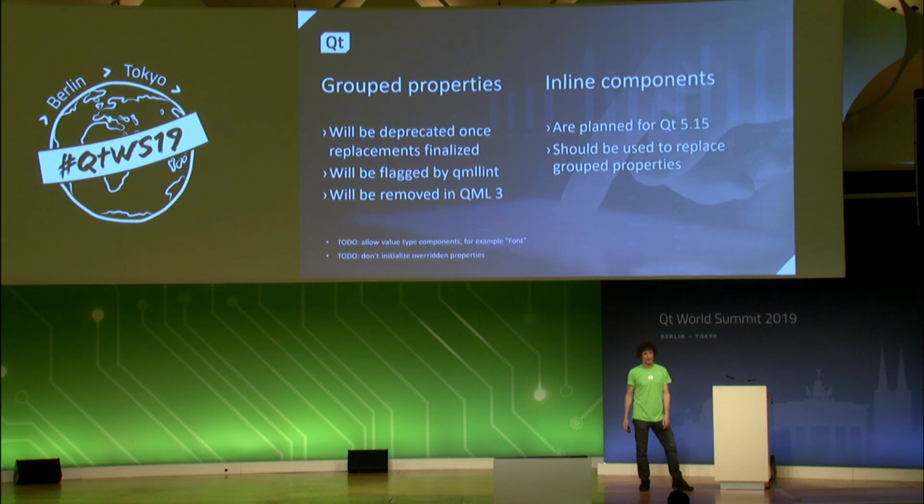And maybe you see those two to-do items there. They look trivial, but they are probably not. We need some kind of handling for value types like font and anchors, probably the two most prominent use cases for group properties right now. And we need to find a way not to initialize the overridden properties in the first place.